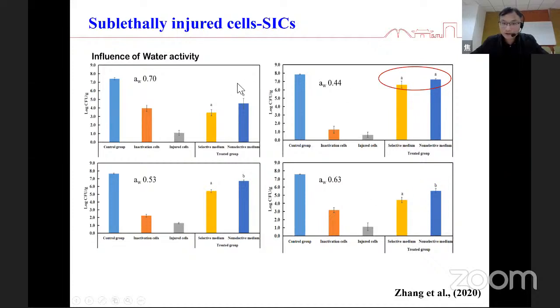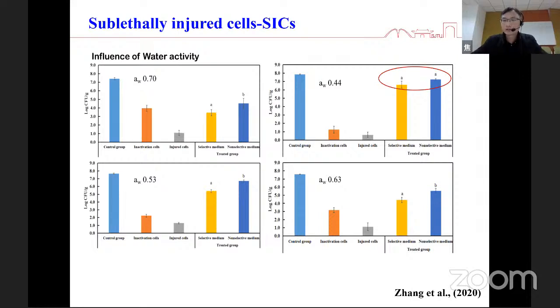But above this level, we can clearly see a total difference between those two. It means that there will be sublethally injured cells. So if the initial water activity level is higher than 0.444, then there will be sublethally injured cells after heating.